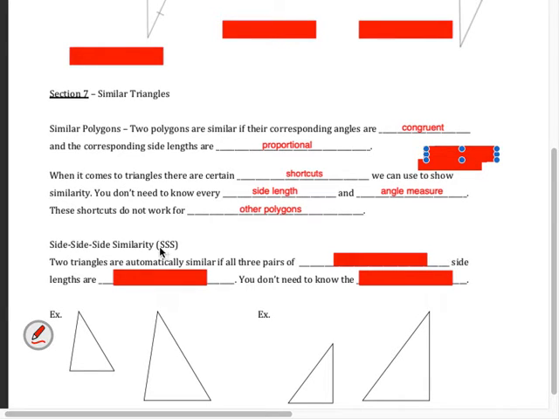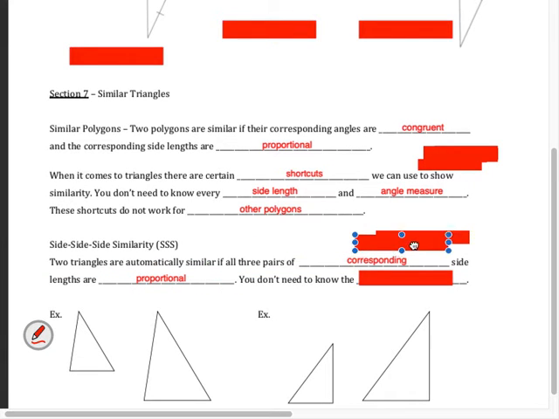So we have side, side, side similarity. Two triangles are automatically similar if all three pairs of corresponding side lengths are proportional. You do not need to know the angle measures. So here's an example of that.